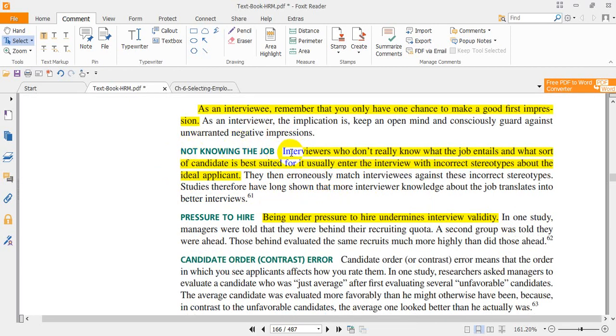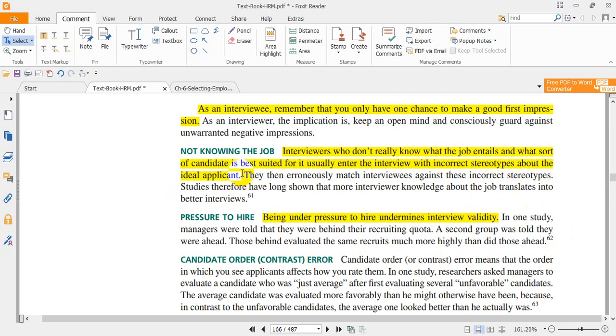Not knowing the job. Another mistake is that some interviewers who don't really know what the job entails, or what sort of candidate is best suited for it, usually enter the interview with incorrect stereotypes about the ideal applicant.